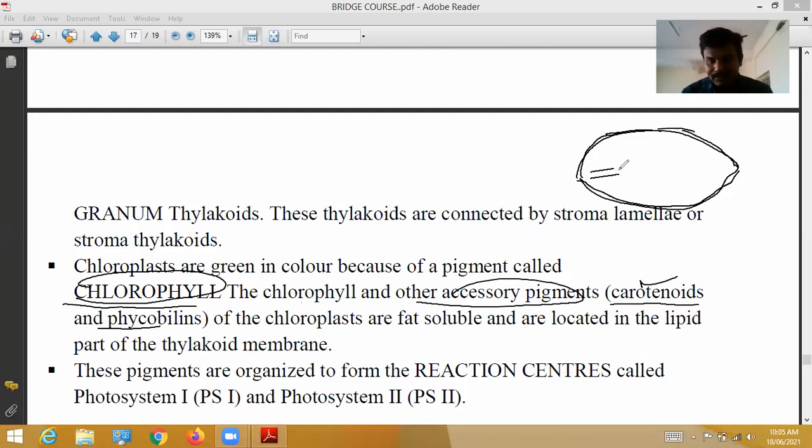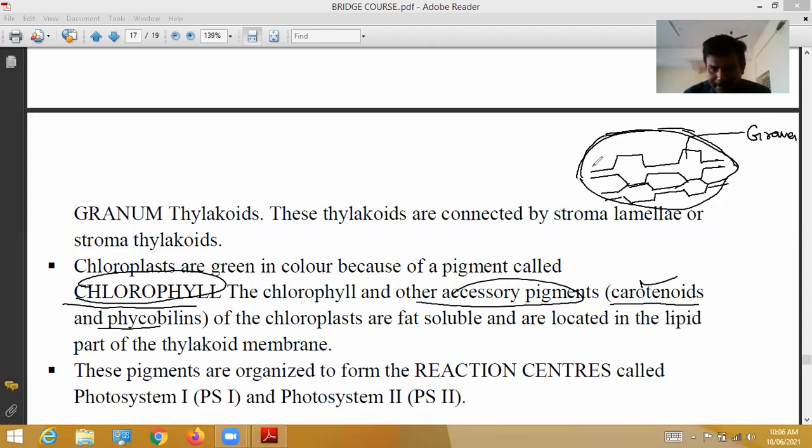See here, lipid part. This is what grana or granum thylakoid.